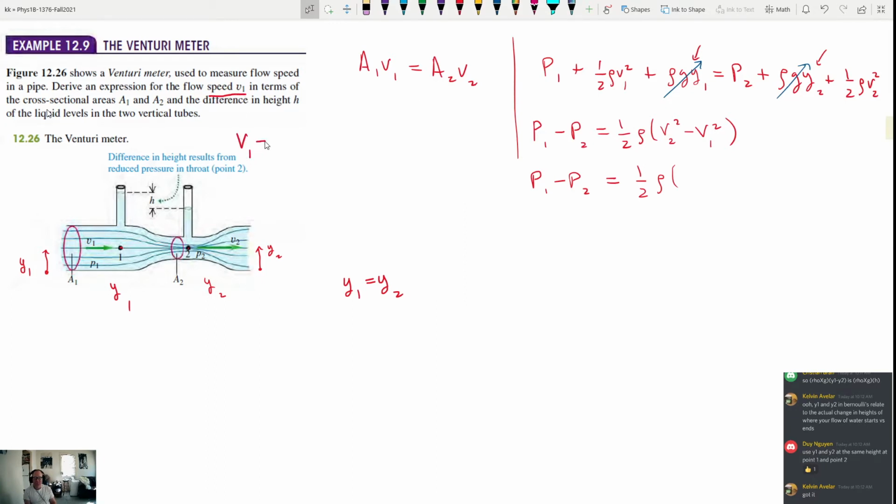So our goal is to find what V1 is equal to. So that means we actually have to eliminate V2 here. So A1 over A2 times V1 is going to be V2. Plug that in for V2 right here. All of that squared. Let me make this parenthesis a little bigger out here.